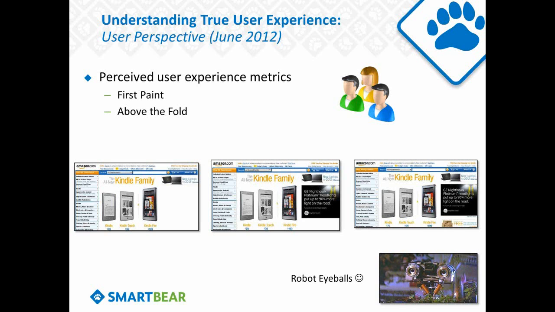The way that we've done this essentially is we've built, programmatically of course, a set of robot eyeballs which watch the page render and analyze, as the page is rendering, these key milestones in the process.